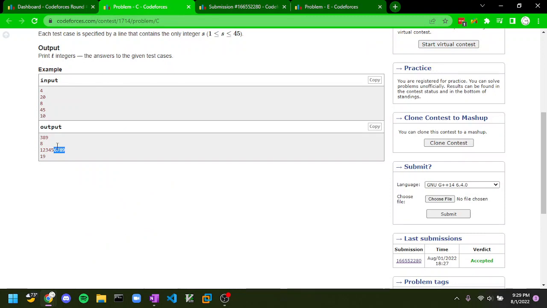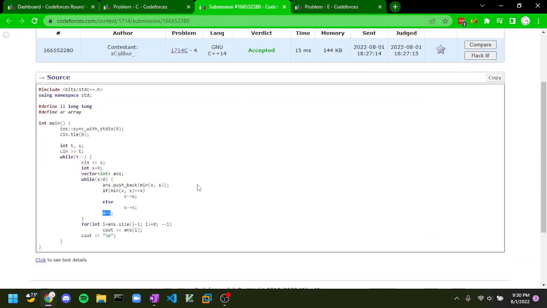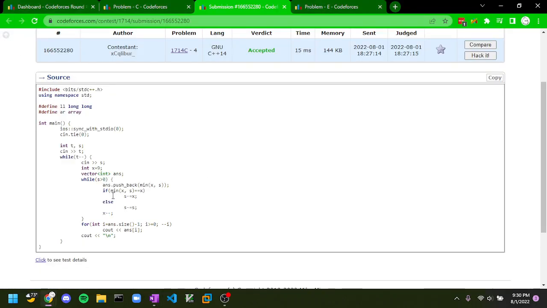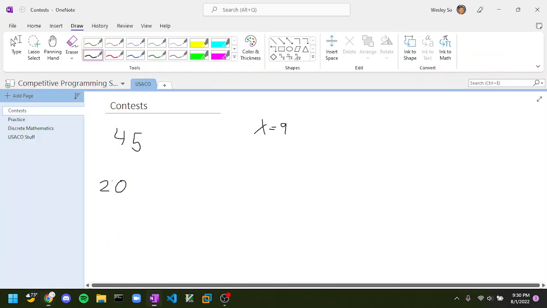Let's use, how about this test case, 20. So we're given 20. And x is set to 9. What we do is, s is equal to 20.